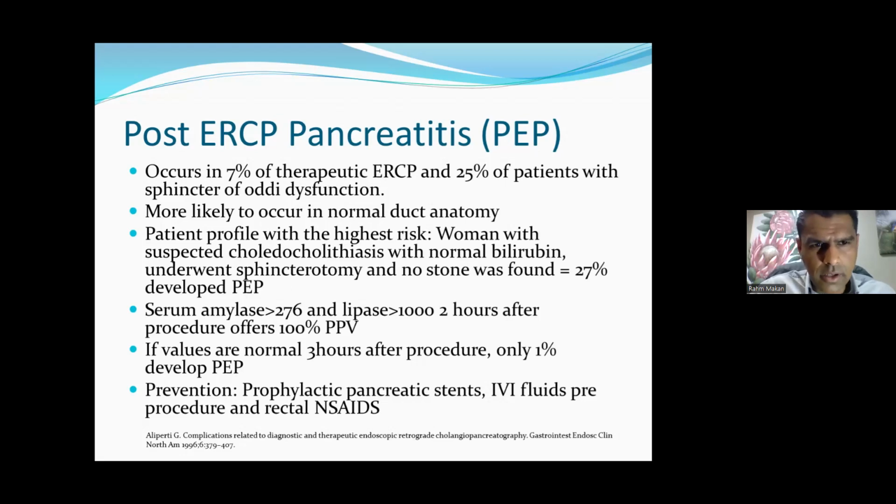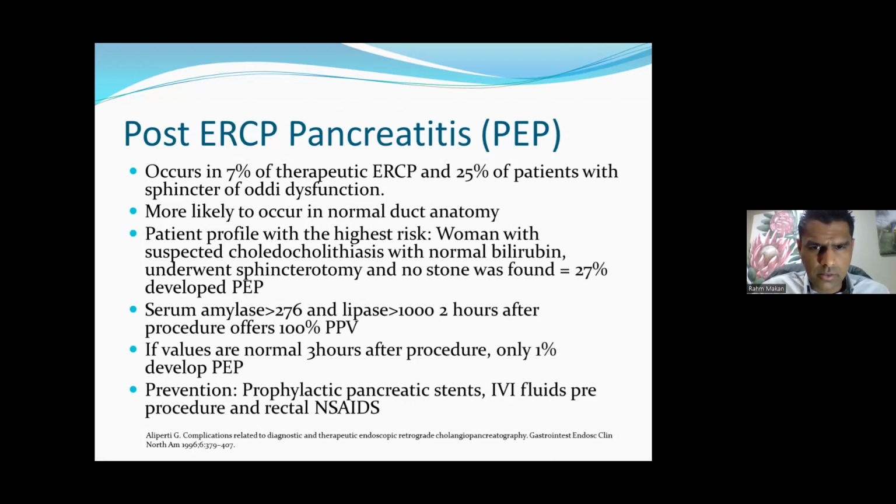So basically, the more abnormal your ducts are, the less likely you are to develop post-ERCP pancreatitis. And the diagnostic criteria we look at is where serum amylase is more than 276 and lipase is more than 1,000 2 hours after the procedure.